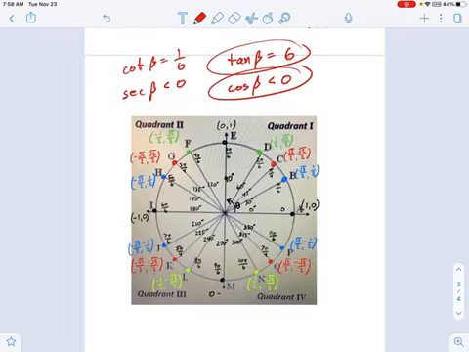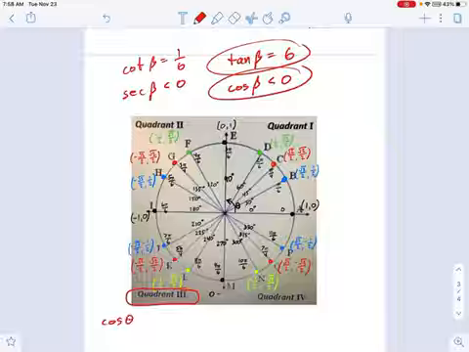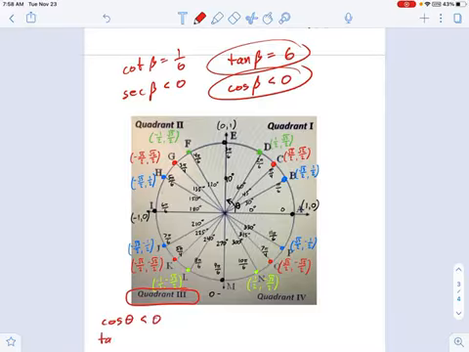Well, in quadrant 2 you have negative cosine, but you also have negative tangent. So that's no good. I need positive tangents. Let's erase that and talk about quadrant 3. In quadrant 3, I have cosine less than 0 and tangent greater than 0, and that is what I want. So I know we're in quadrant 3.